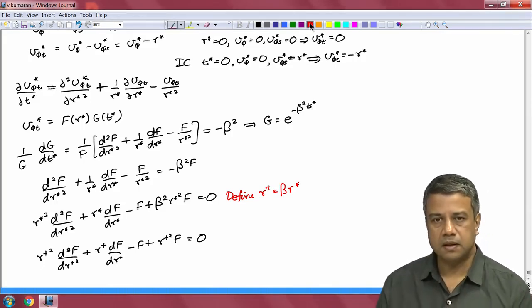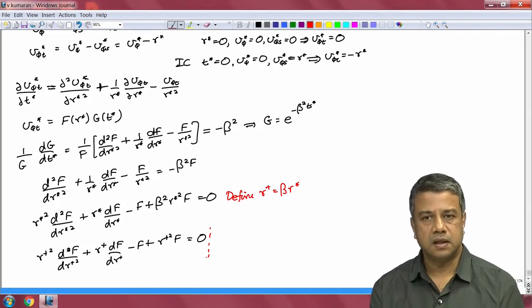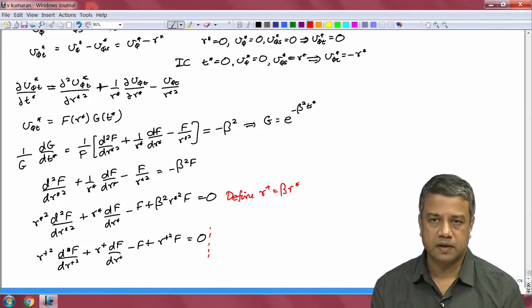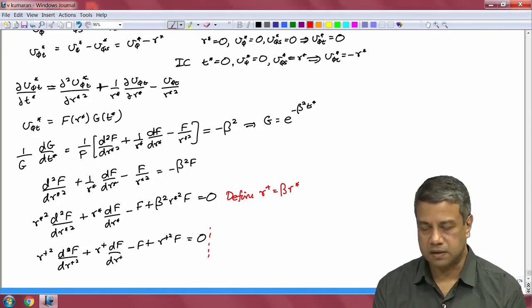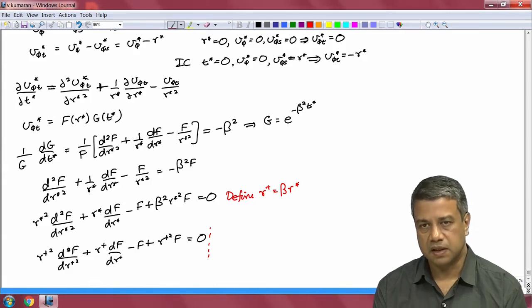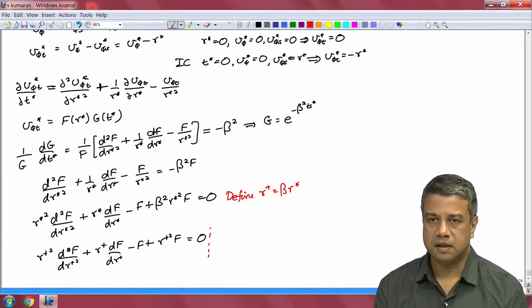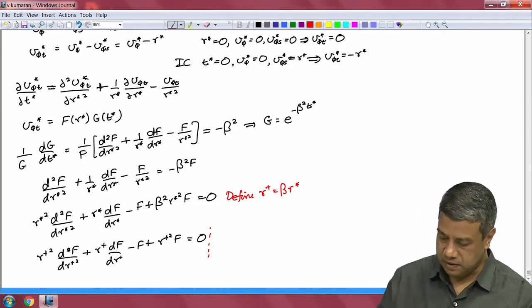Recall that when we calculated the development of the temperature profile, the unsteady development of temperature profile in a cylinder, I had written for you the Bessel function.